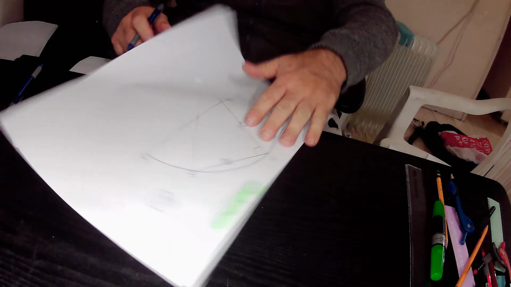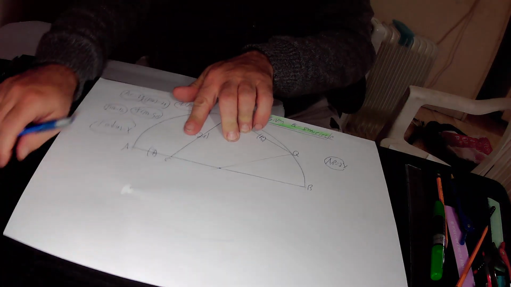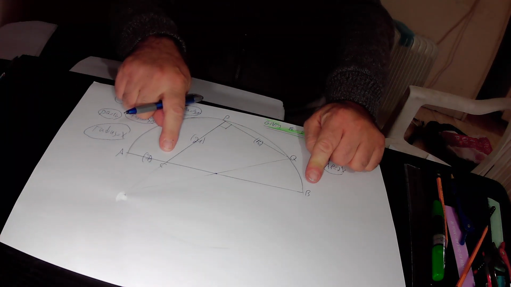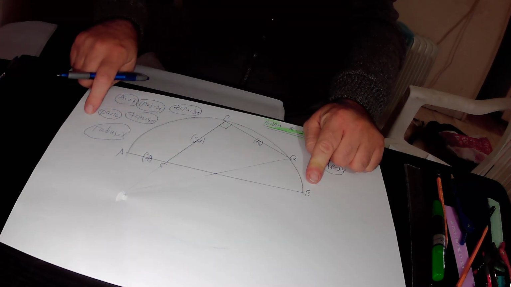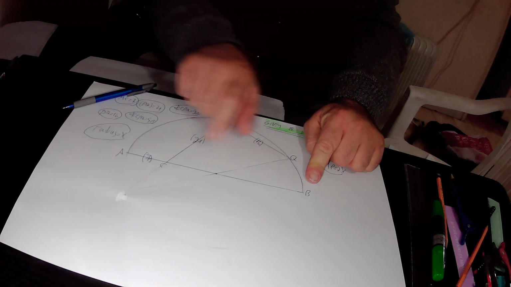What is the length of this line segment CB? From the drawing it is very easy to see that CB equals AB minus AC.